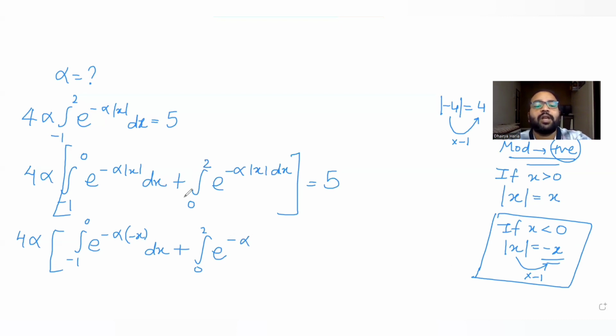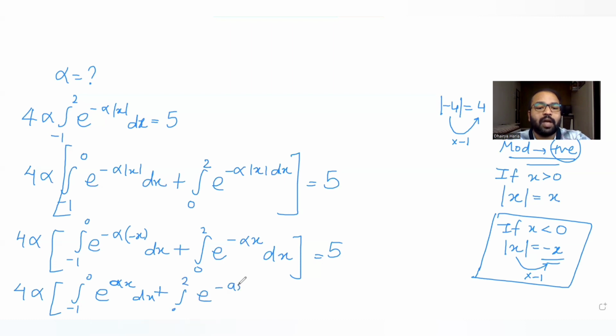Now here, the limits of x are greater than 0, so mod of x is a positive value x, and I'll write it as it is, x dx, equals 5. Further, for the limits from -1 to 0, it is now minus alpha into minus x, which is alpha x dx, plus 0 to 2, e raised to minus alpha x dx, equals 5.